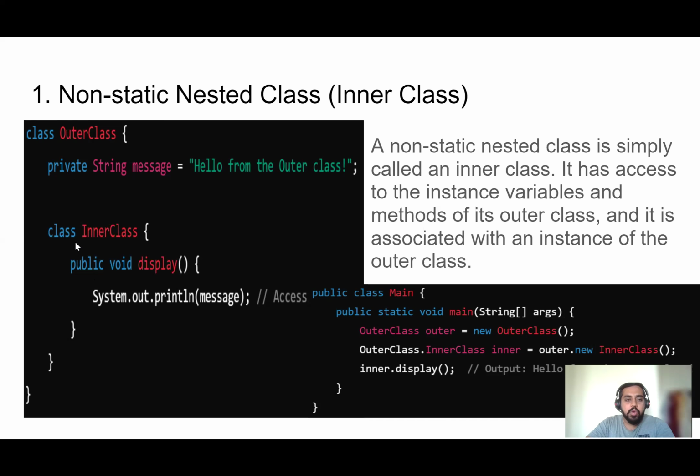I created one more class inside this outer class, called an inner class, where I declared a method display, which is of type void, meaning it's not returning anything, and made it public. Inside this method, I am printing one statement, System.out.println of message, passing this variable. This variable is a private member of the outer class. I already told you inner classes can access all fields, including private fields, of the outer class.